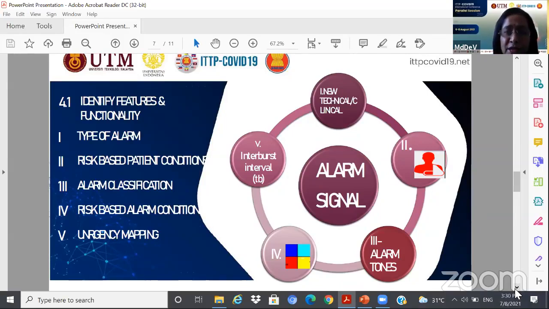And this is all based on IEC 60601-1-8, the alarm requirements that have been stipulated and to be adopted for alarm systems in medical devices.